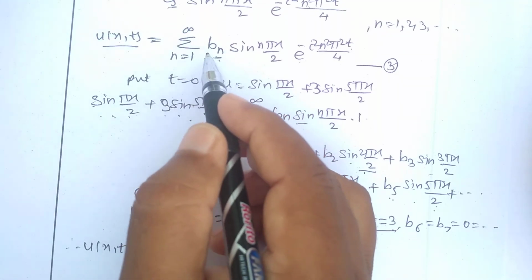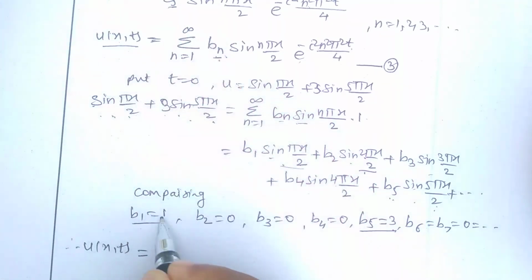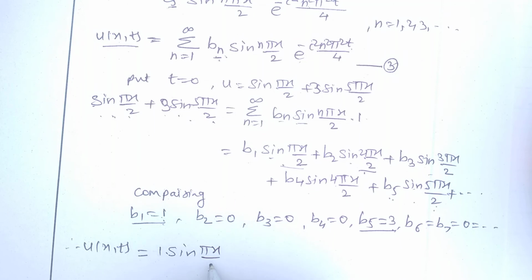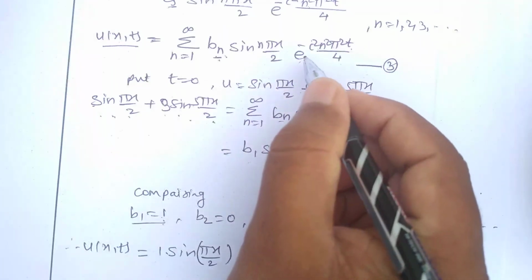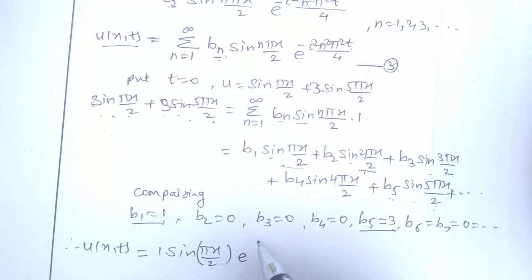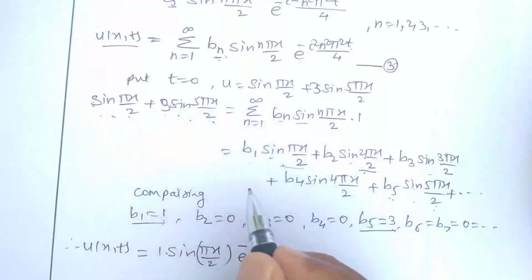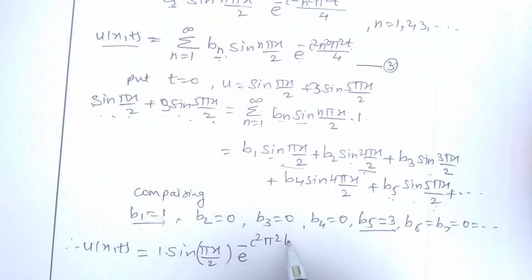So what happens when you put n equals 1? You will get b1, which is 1, into sin pi x by 2 into e raised to minus c square, with n square being 1, into pi square t upon 4.